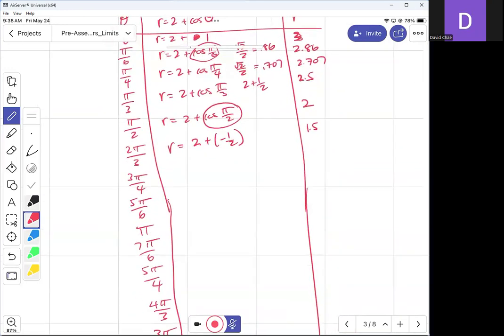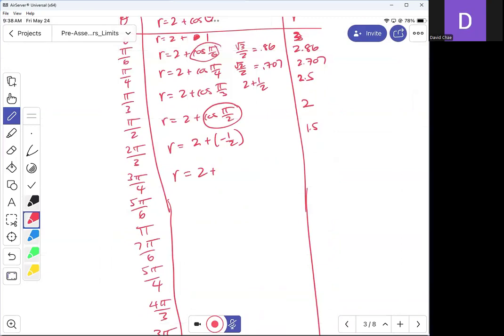Then r is equal to 2 plus negative 0.707, which is almost 1.3. Then r is equal to 2 plus negative 0.86, so 2 minus 0.86 is 1.14. And then r is equal to 2 plus cosine of pi, which is negative 1.